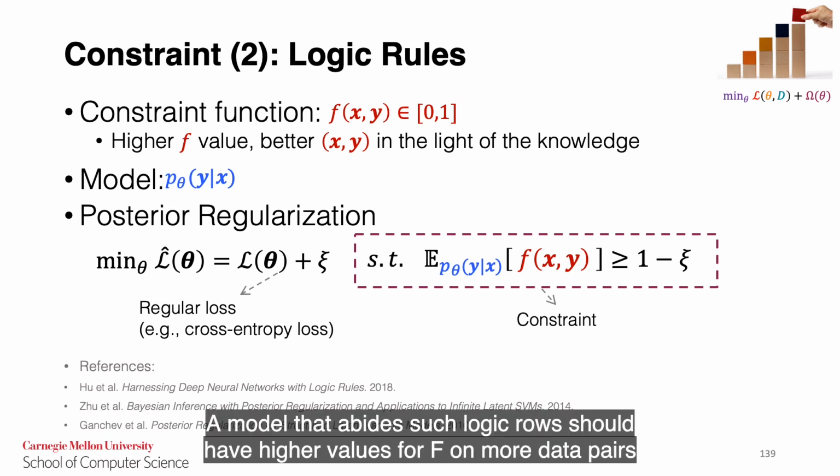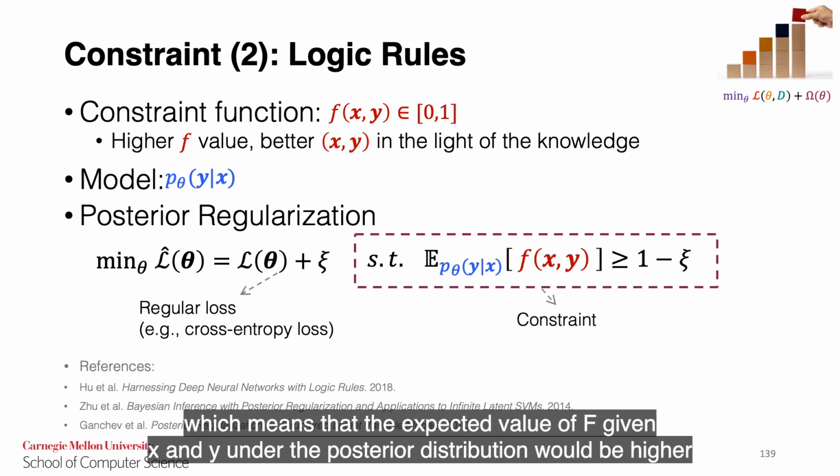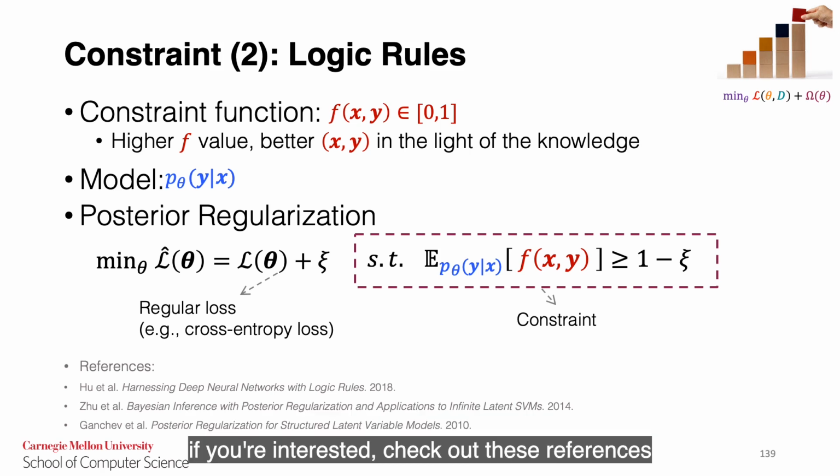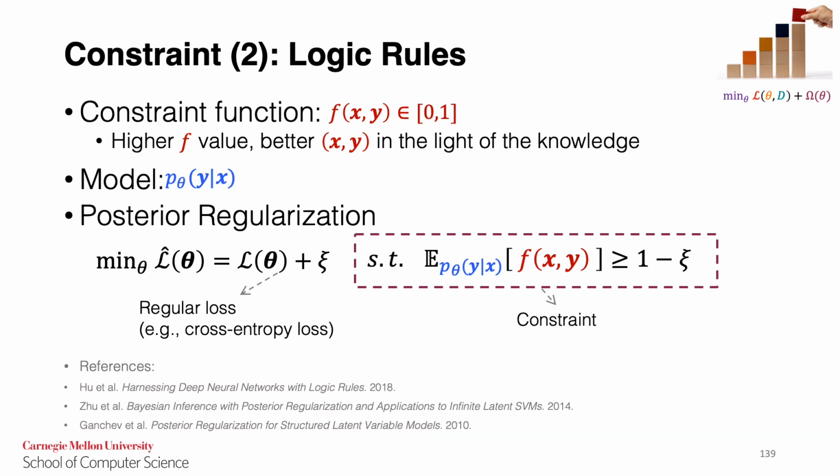A model that abides such logic rules should have higher values for F on more data pairs, which means that the expected value of F given X and Y under the posterior distribution would be higher. We're not going to dive into the theoretical derivations. If you're interested, check out these references.